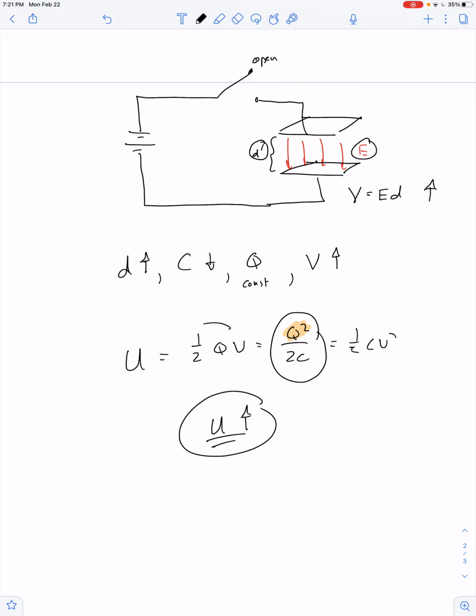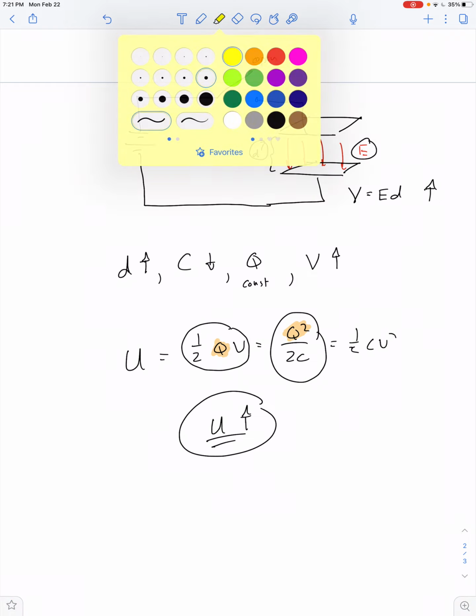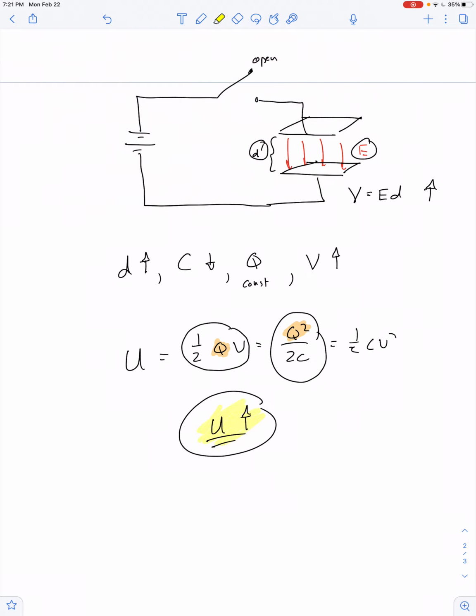Well, likewise, I guess we could have looked at this first expression. Q is constant, V has gone up, so, like we said, the potential energy has gone up. If we try to look at this last equation to answer the question, we can't be too sure. We know the capacitance has gone down and the voltage has gone up. So we really can't be too certain what's happening to energy, although the voltage is squared.